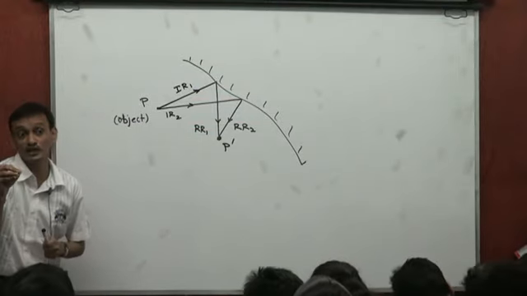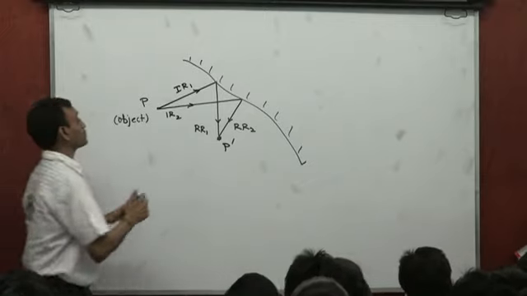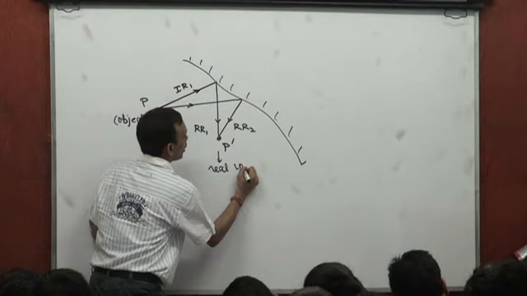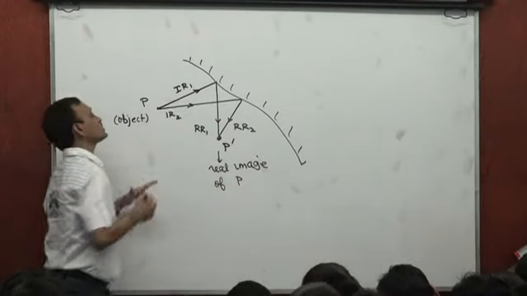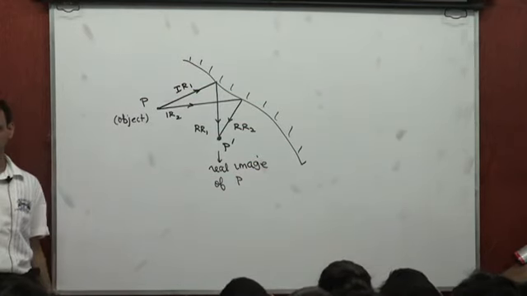There is light energy at P prime. Then this is the real image of the object P, the point object P.